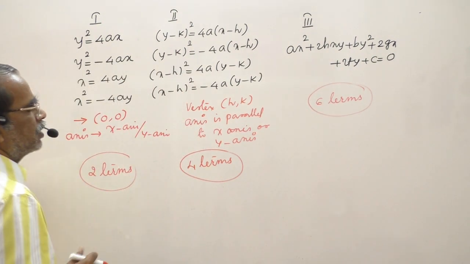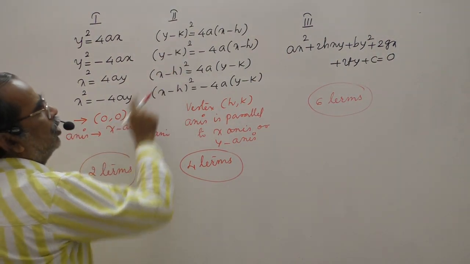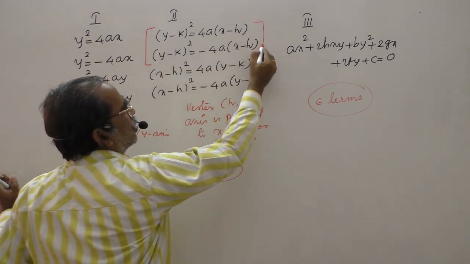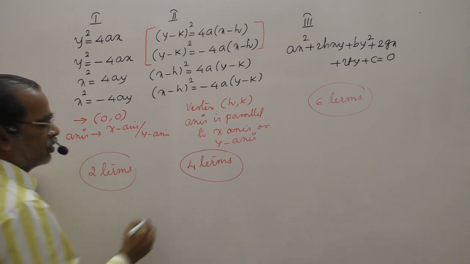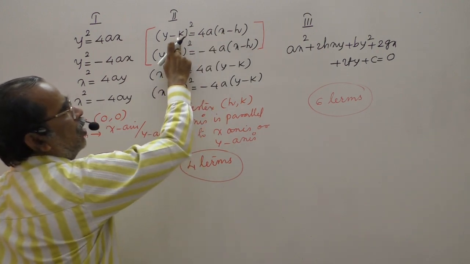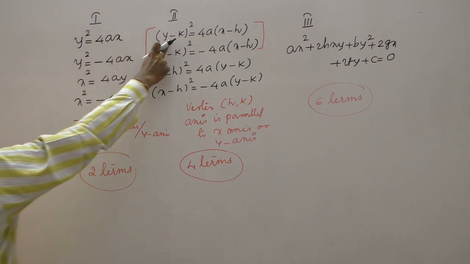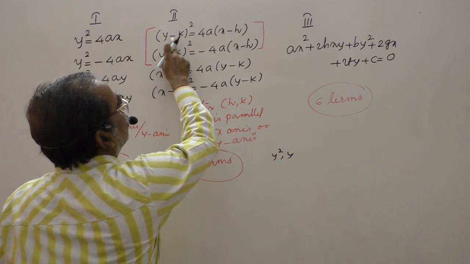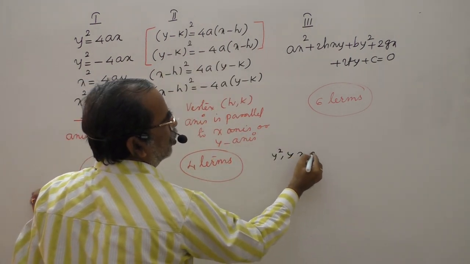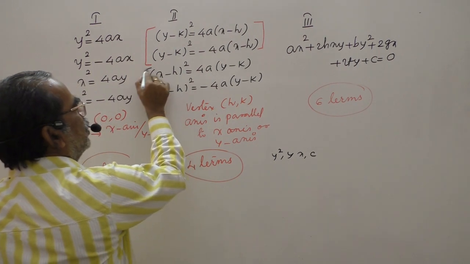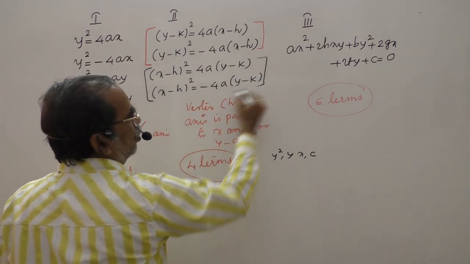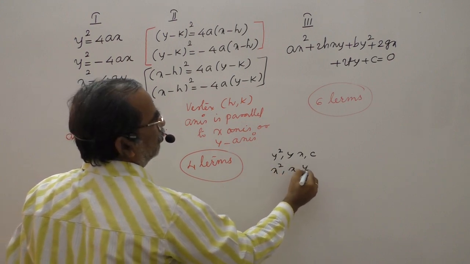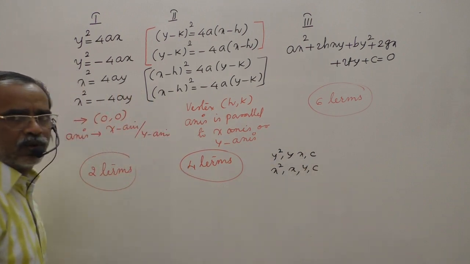Listen. Next, if you take this second one, what are the first two parabolas? They are parabolas whose axis is parallel to x-axis. So if you expand this or this, you will get a y square term, y term, and an x term also, and a constant. If you take this and this, whose axis is parallel to y-axis, in this you will get x square term, x term, y term and constant, 4 terms only.